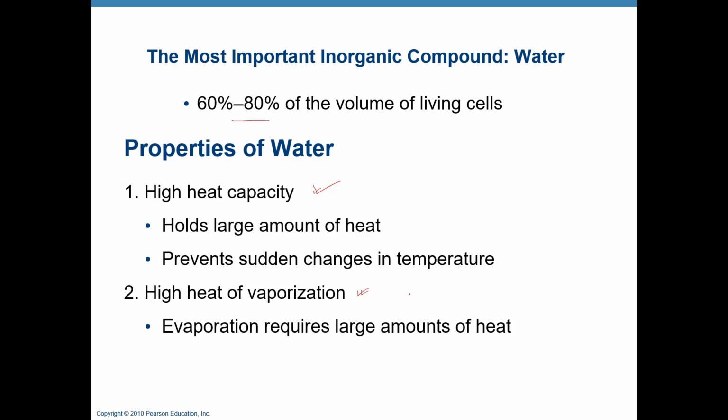The cell will shrink significantly. That will cause severe problems. So to turn the water to vapor, you need to give a lot of heat. It will not easily be converted to vapor, which is very good. Otherwise, you will lose the size of your body, and the body will shrink quickly.